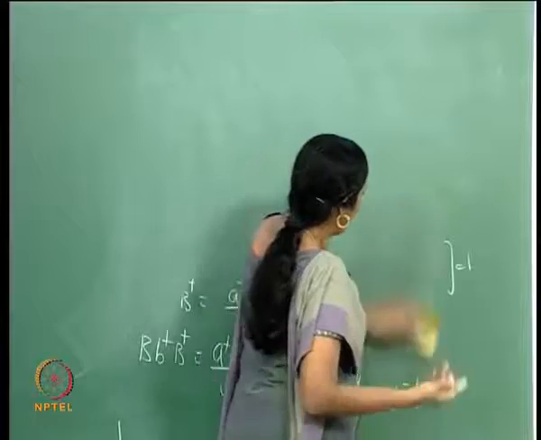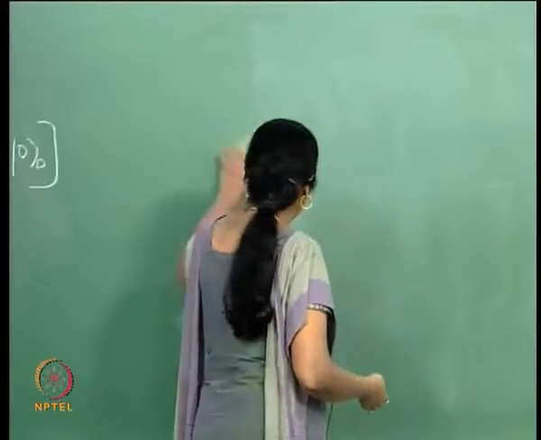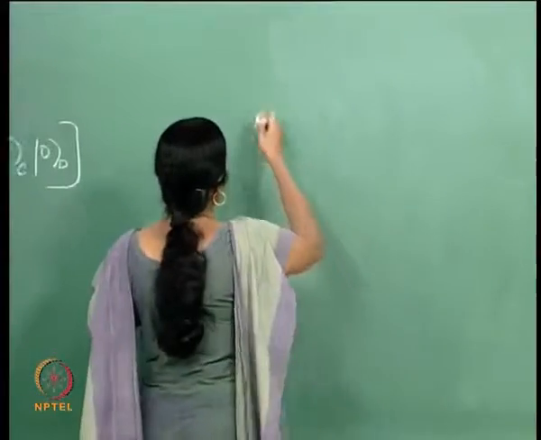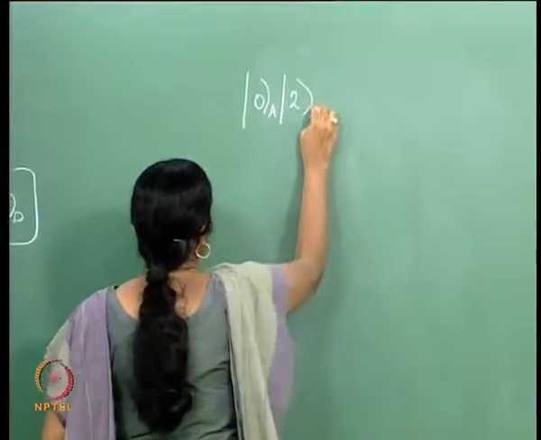Now let us look at a slightly more complicated situation. By way of exercise, let us consider an input state 0A 2B.